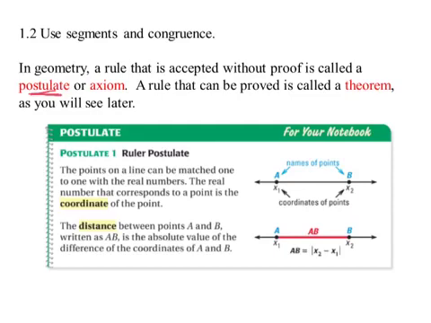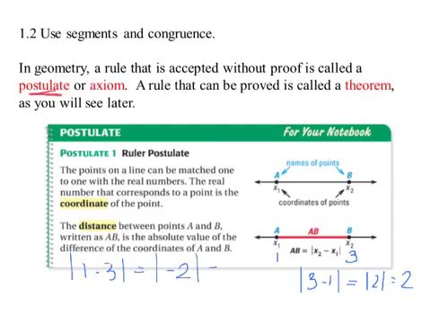For instance, if x2 was 3 and x1 was 1, you would do 3 minus 1, which is the absolute value of 2, which is just plain old 2. But if we had 1 minus 3, 1 minus 3 is negative 2. The absolute value of negative 2 is also 2. You can't measure something negatively. When you measure something, you actually get its length or its distance. It's always a positive number.